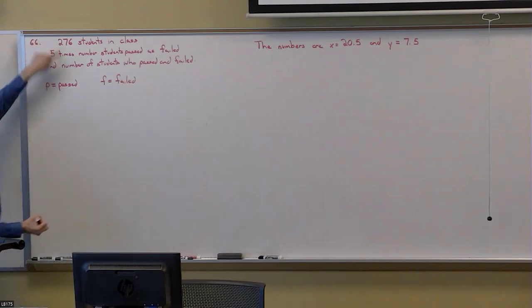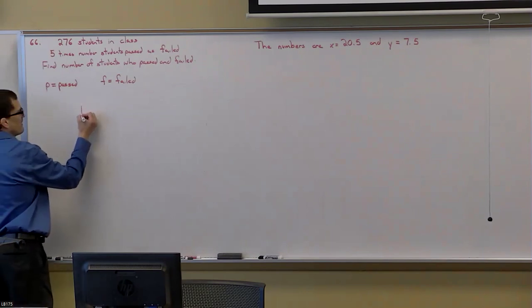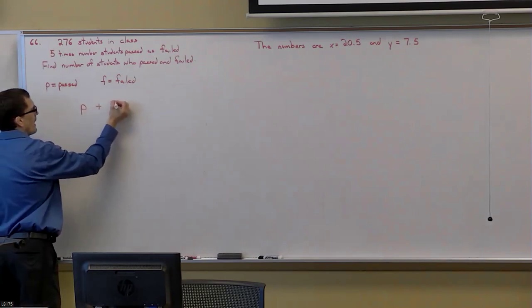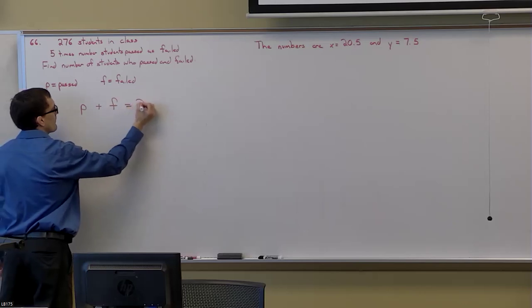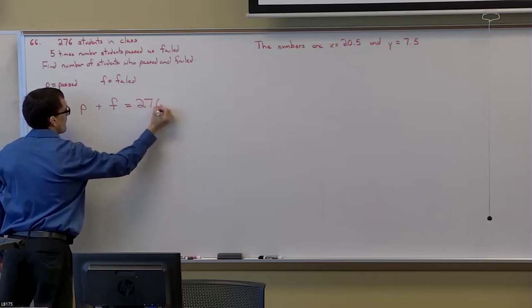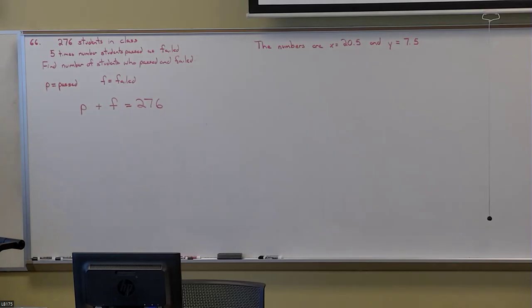So since there were 276 students in the class, that means combined the passed and the failed together added to 276.